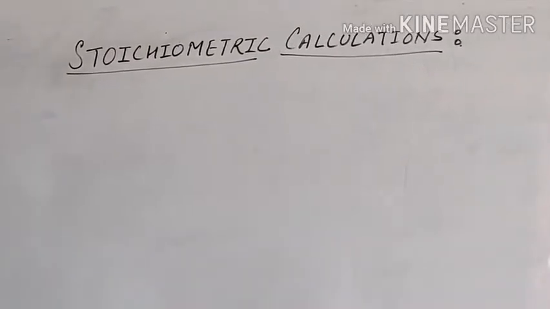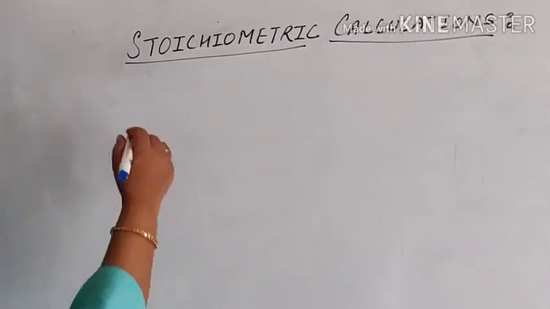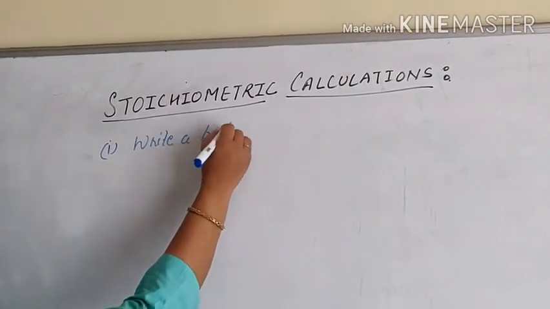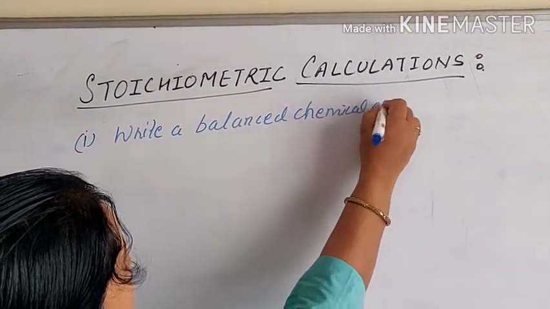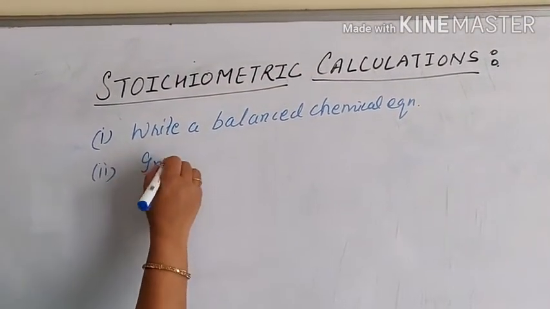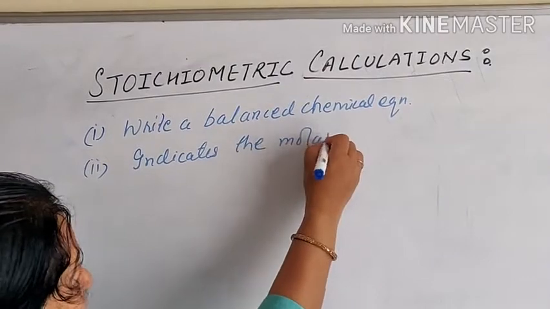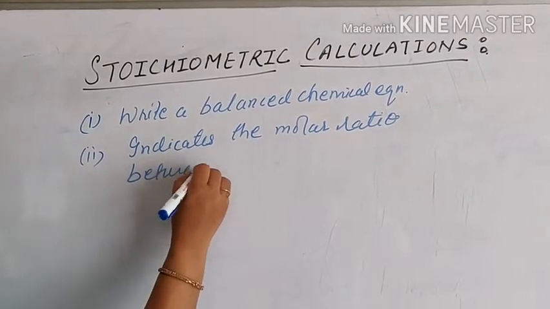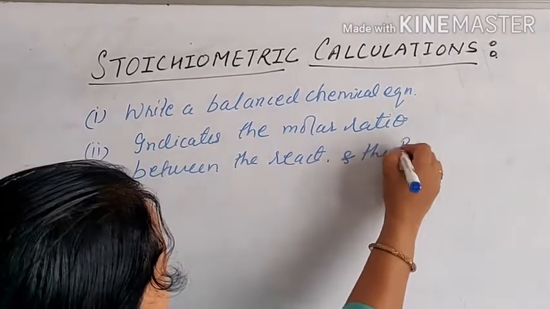The various steps which will be followed in stoichiometric calculations are: first step is write a balanced chemical equation. Second step is indicate the number of moles, or indicate the molar ratio between the reactants and the products.